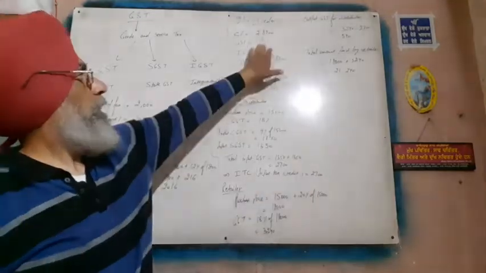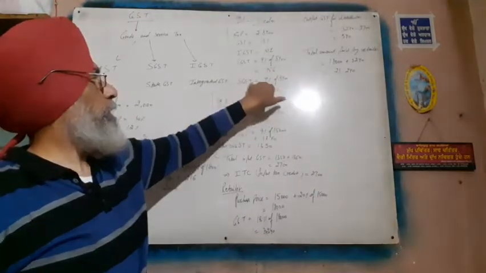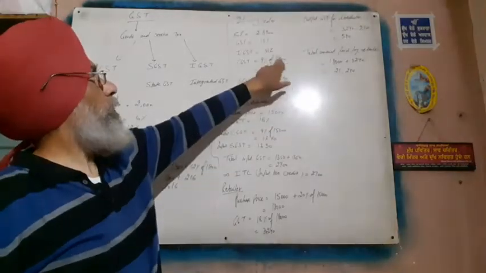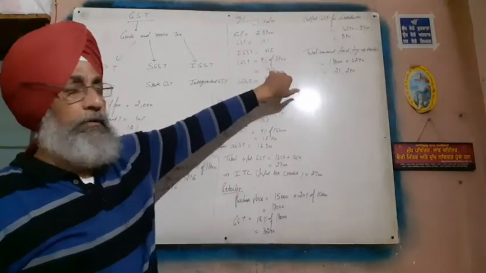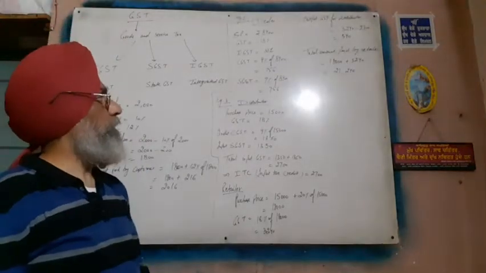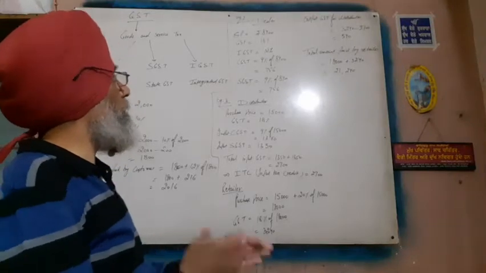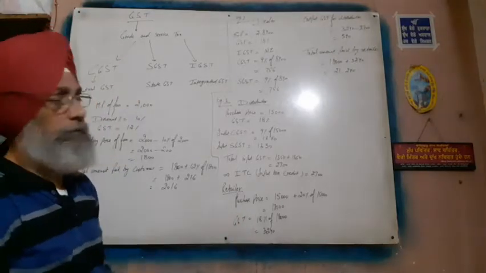It is 18%, means 9% is given to the center and 9% is given to the state. So 9% of 8400 becomes 756, and the same with the SGST. So 756 rupees are paid in CGST, and in SGST also 756 rupees are paid by the dealer.